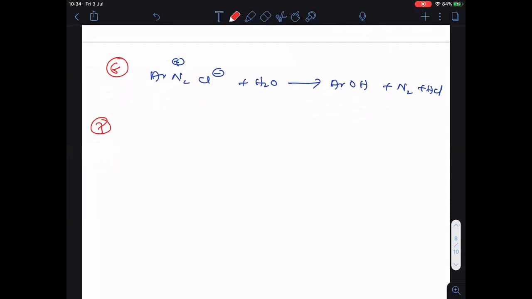Finished, I think so. Okay. Next is again the next chemical property.